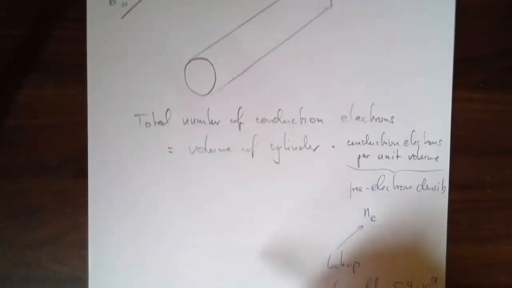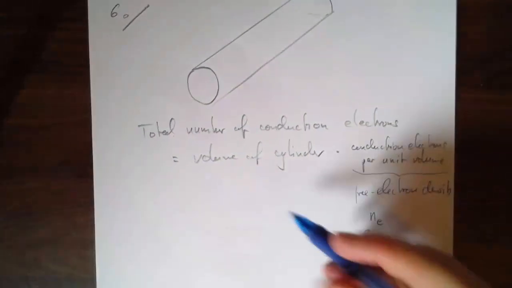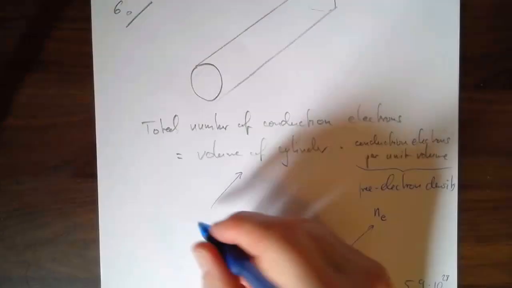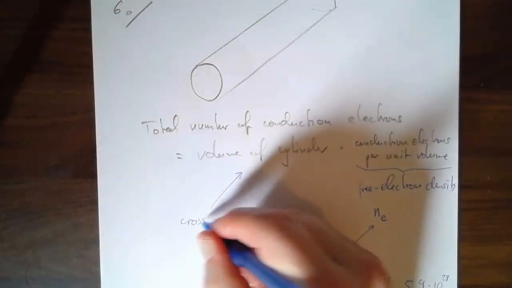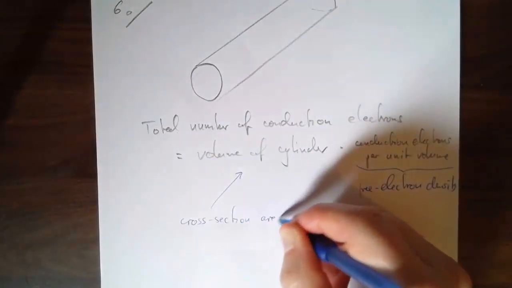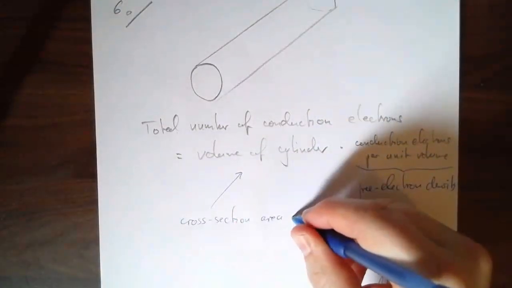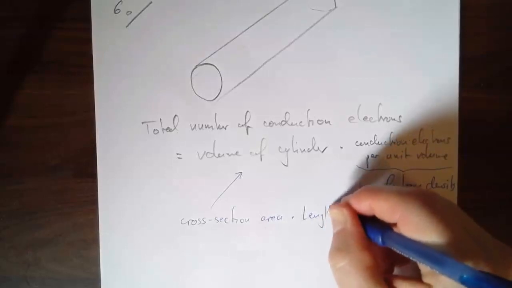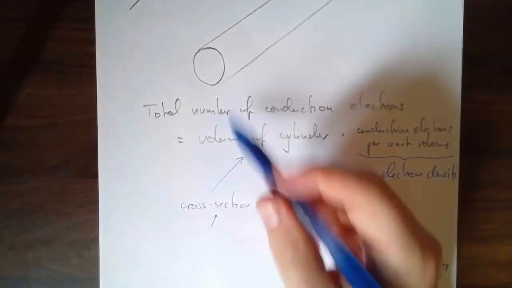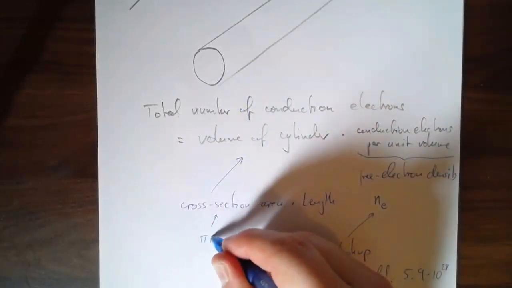Now, what's the volume of the cylinder? Well, you can figure that out. It's going to be the front area times the length. So cross-section area multiplied by the length. What's the cross-section area? Well, it's a circle, right? It's going to be pi r squared.